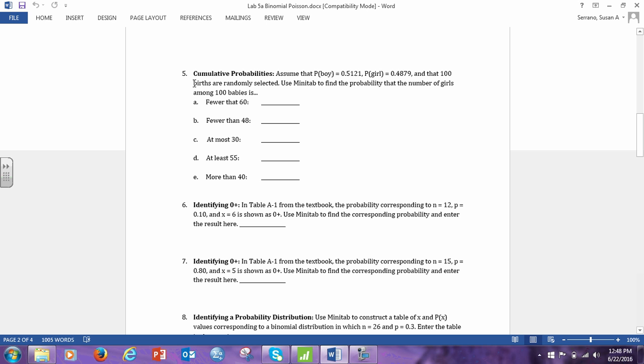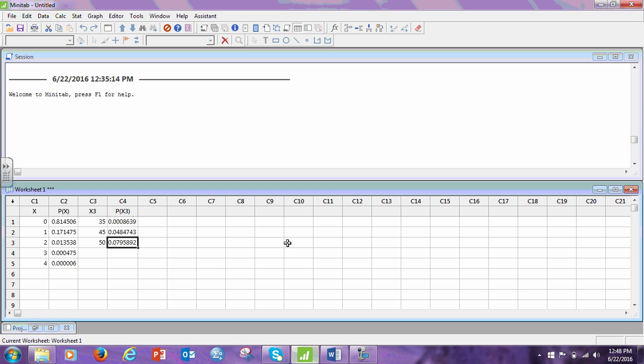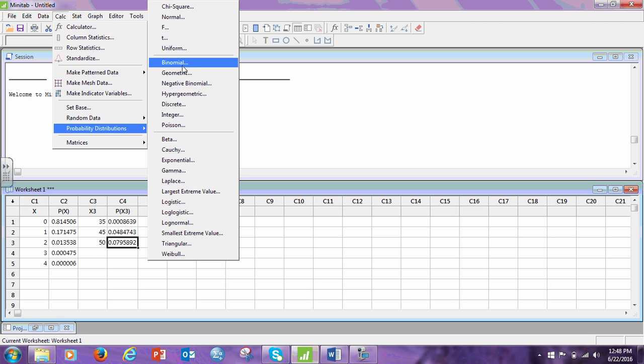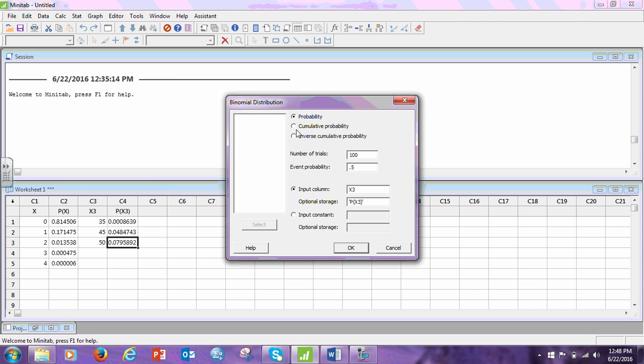But fewer than 60 does not include 60. That means we're looking for the probability that X is less than or equal to 59. So I go to Calc, Probability Distributions, Binomial. Now I'm looking for a cumulative probability, so I change that to cumulative. I need to change the probability to 0.4879.